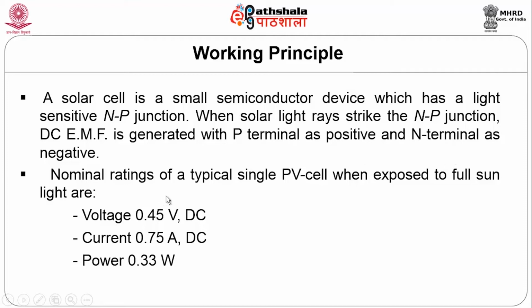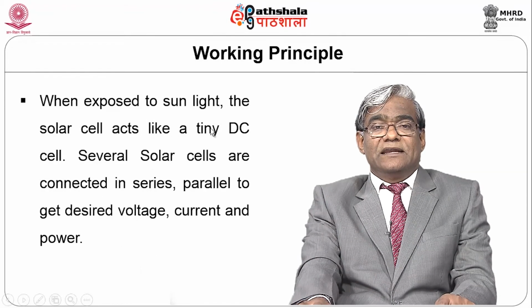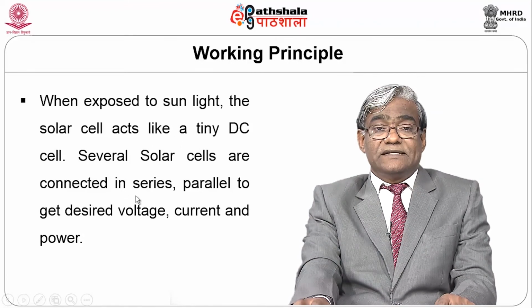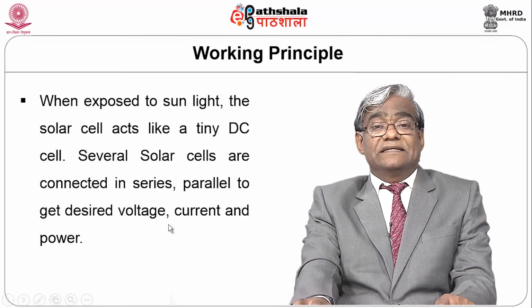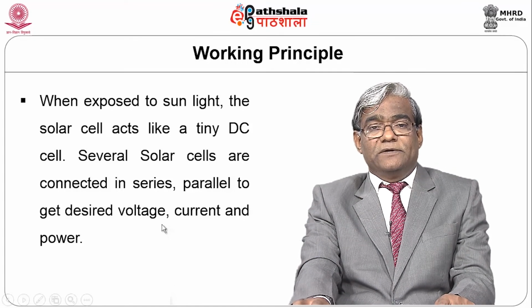The nominal ratings of a typical solar PV cell when exposed to full sunlight are voltage about 0.45 volt DC, current 0.75 amp DC, and power, the multiplication of V and I, about 0.33 watt. When exposed to sunlight, the solar cell acts like a tiny DC cell. Several solar cells are connected in series and parallel to get the desired voltage, current, and power.